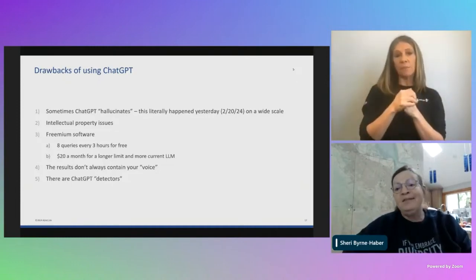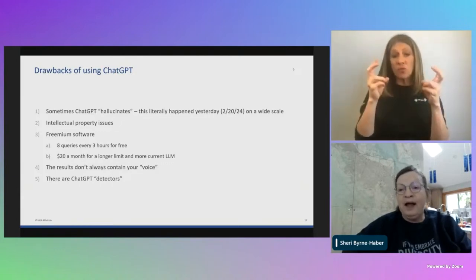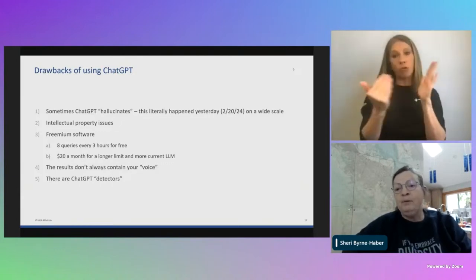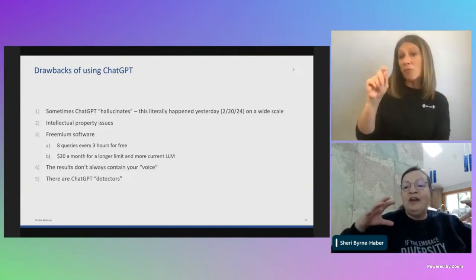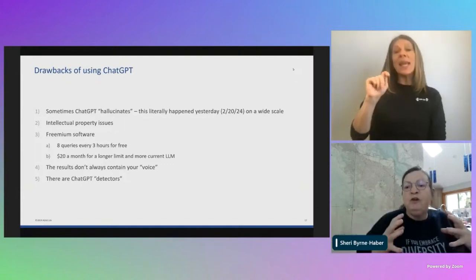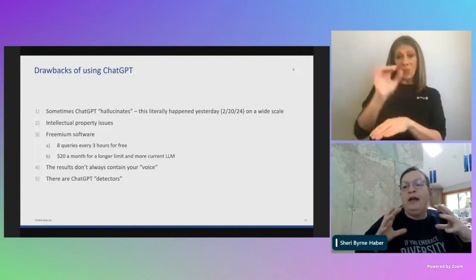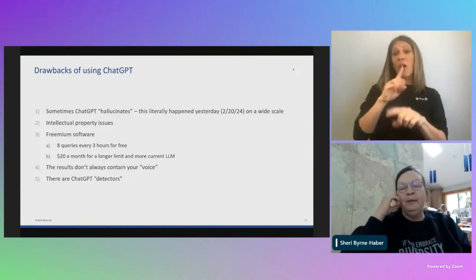Second drawback is intellectual property issues. There have already been lawsuits filed by the people who hold the copyrights for the information that ChatGPT has consumed in that large unlabeled data set that we talked about at the beginning.